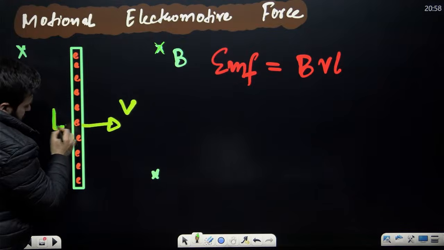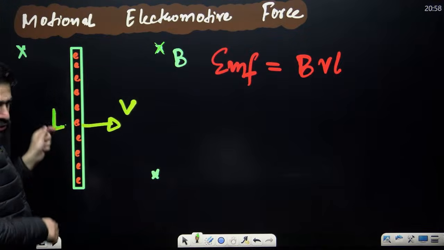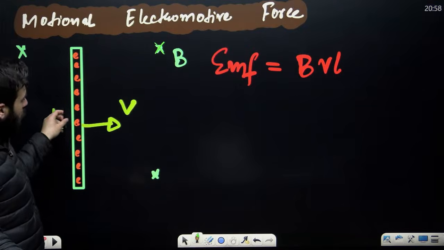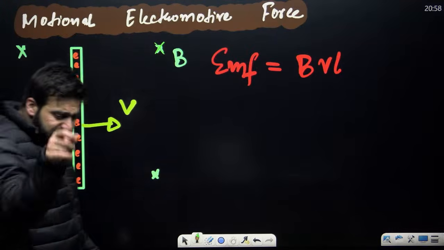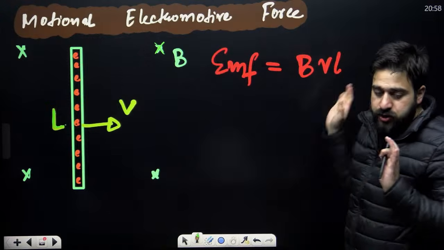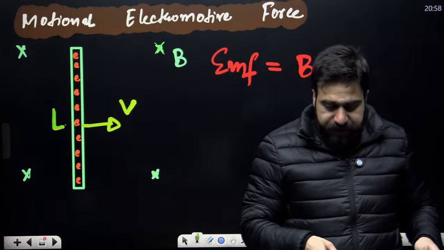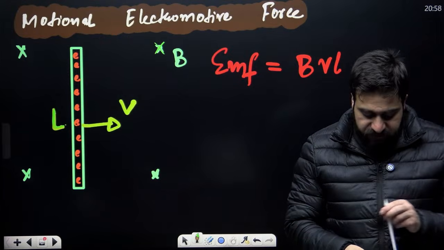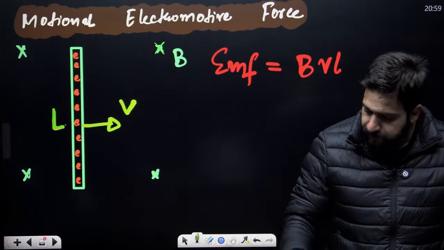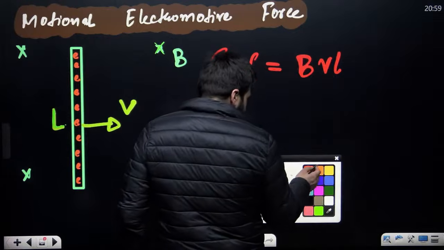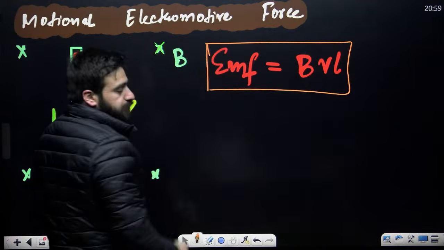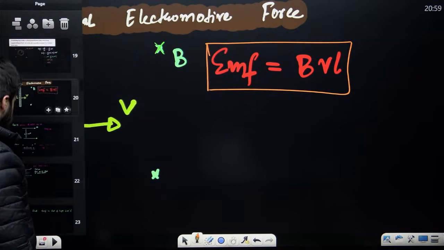Length of the rod is L, and this rod is moving with a velocity V. Whenever a rod moves inside a magnetic field, EMF is induced in the rod. And that is BLV. B is the magnetic field, V is the velocity, L is the length.